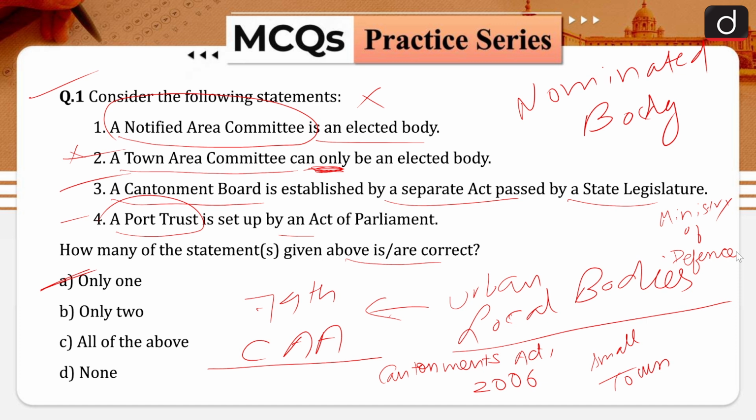The elected members hold office for a term of 5 years, while the nominated members continue as long as they hold office in that station. The military officer who is commanding the station is the ex officio president of the board, and he presides over the meetings. The executive officer of the cantonment board is appointed by the President of India.